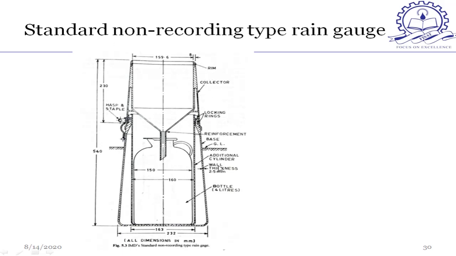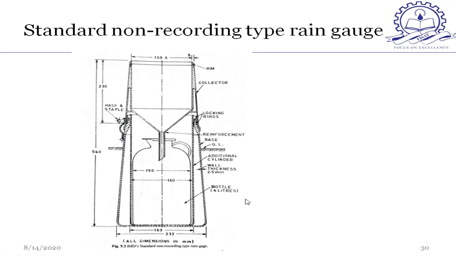Then the collector and the receiver are locked at both sides. One is inside the lower end of the collector and another one is outside the top end of the base. Next we will see how to measure the rainfall depth. Consider the bottle is completely filled due to rain.